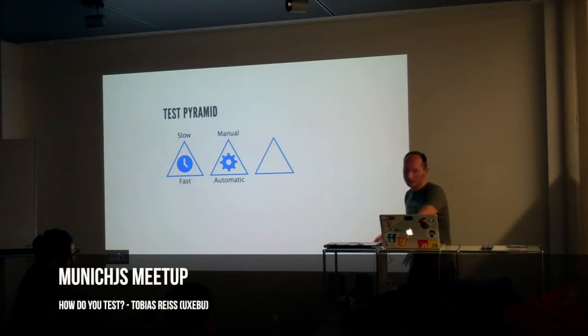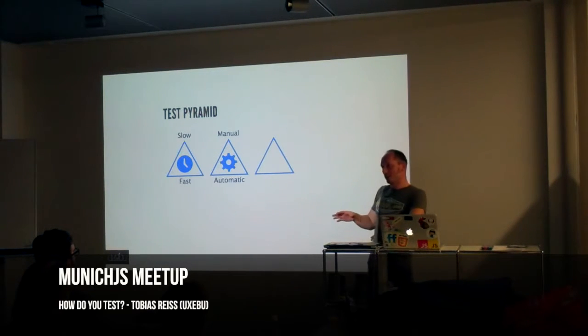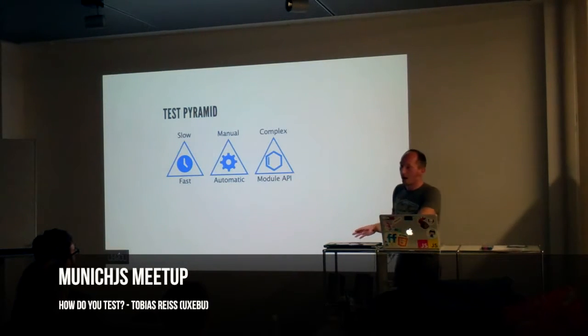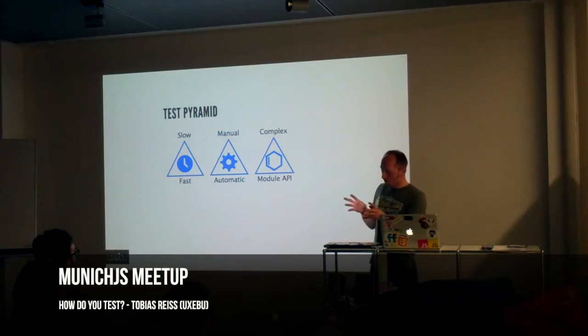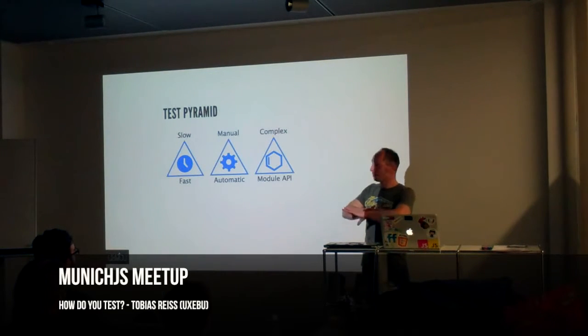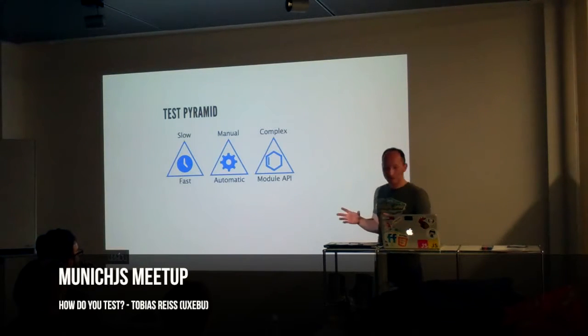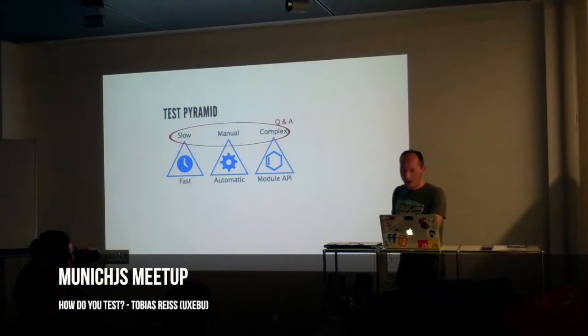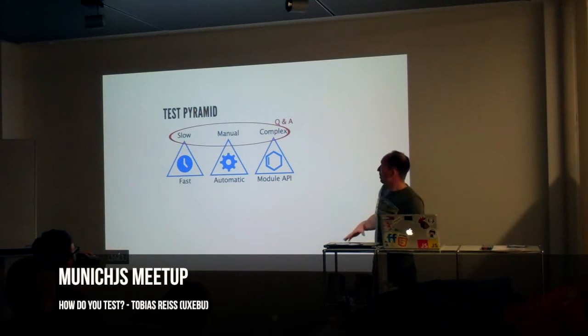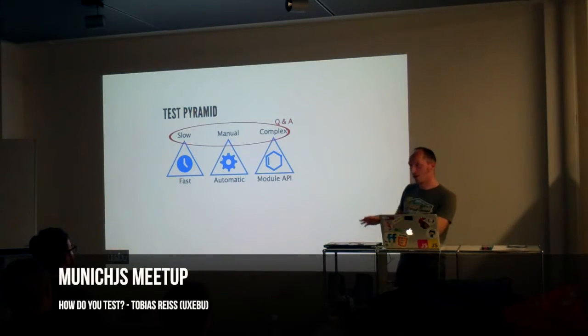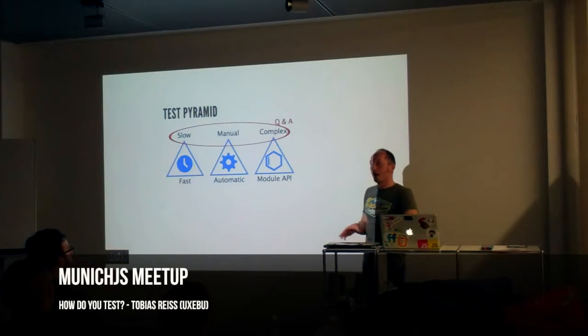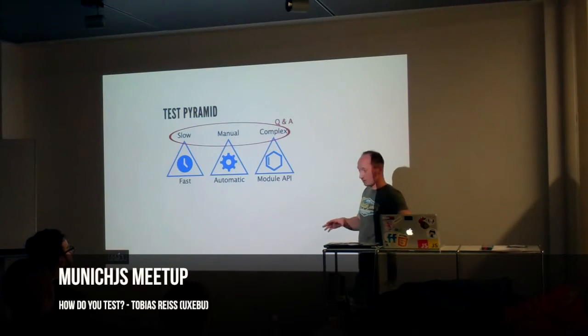The second one is, I would like to run my test automatically and not manually. And the third one is, I'd like to test only a small unit and not the whole system, because testing the whole system can be very complex. So as I said, I try to split them up. So slow, manual, and complex, I'd like to address those kind of tests to the QA.